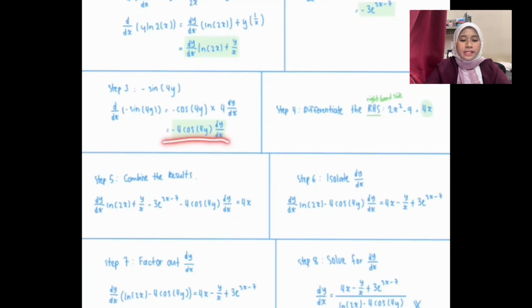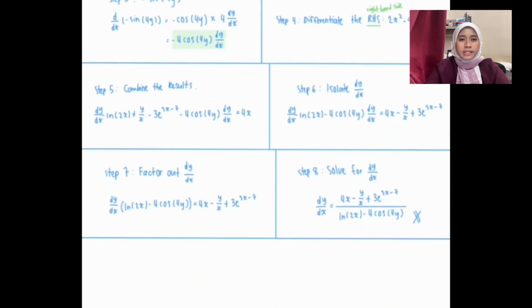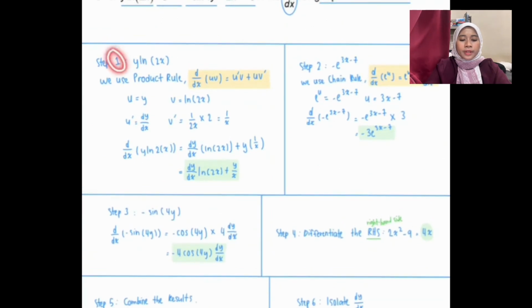Next, step 4, we're going to differentiate the right hand side, which is 2x squared minus 9. So we get 4x. And then step 5, we combine all the results from step 1 to step 4.